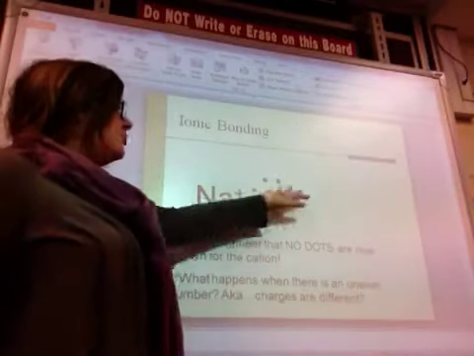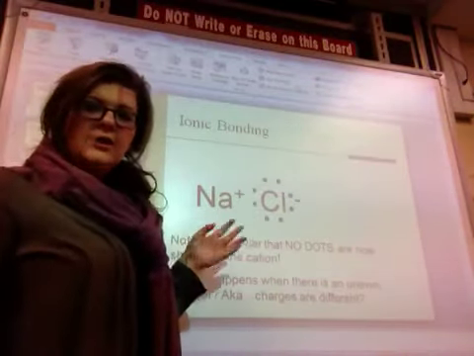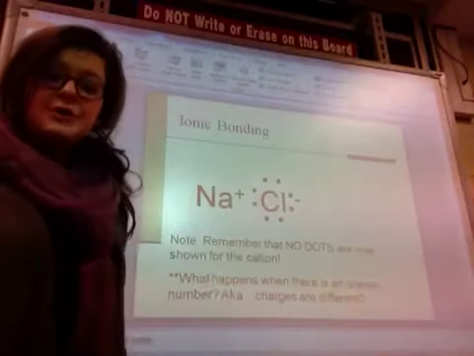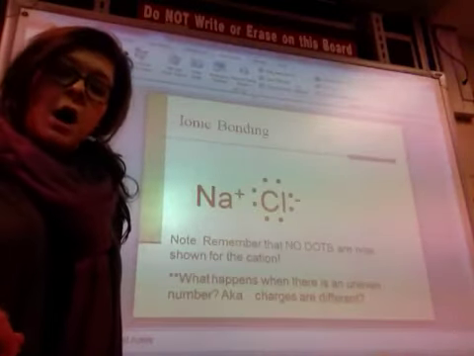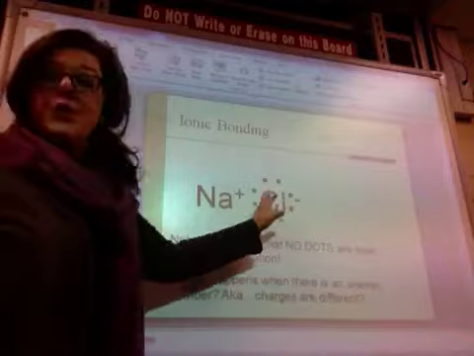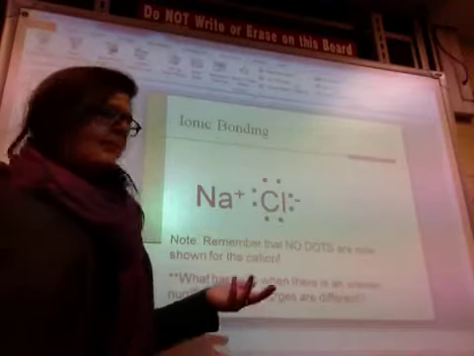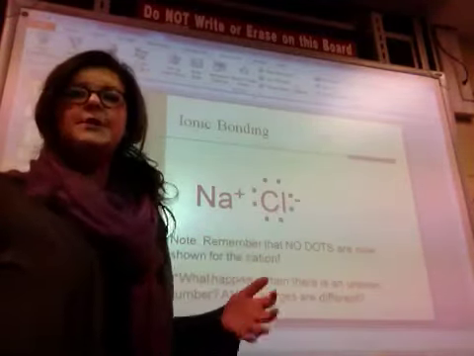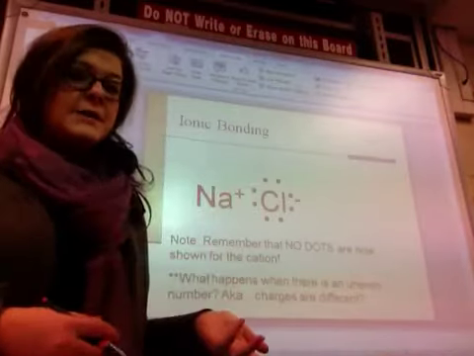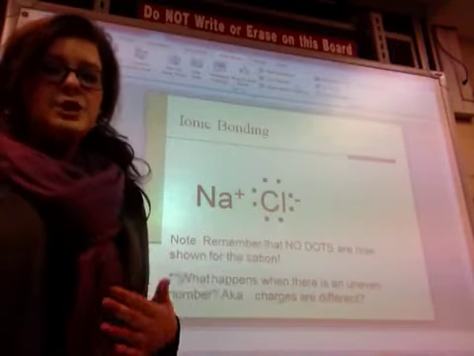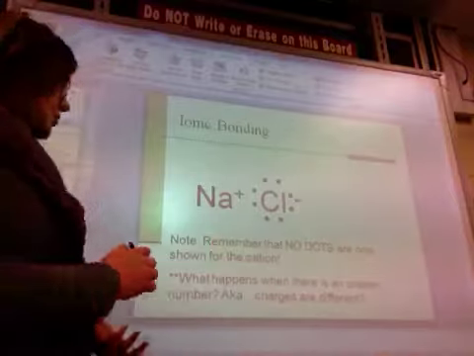So this is a way that we can draw a Lewis dot structure or reaction. But yesterday in your journal, you saw how this is a 1-to-1 ratio, so it's really simple because this is a +1, this is a -1. But what happens if I have something that has a +3 charge versus a +2 charge?